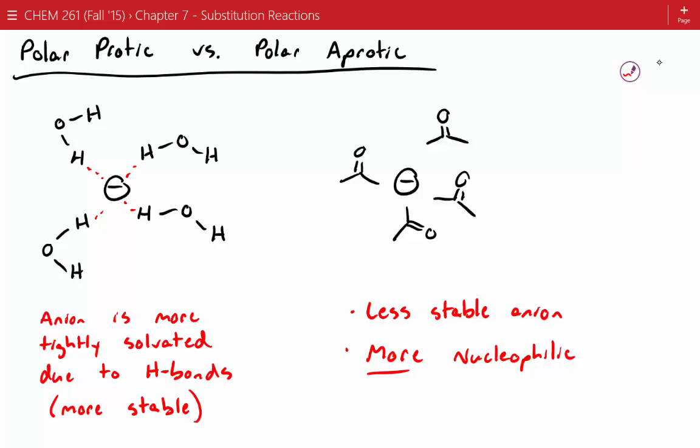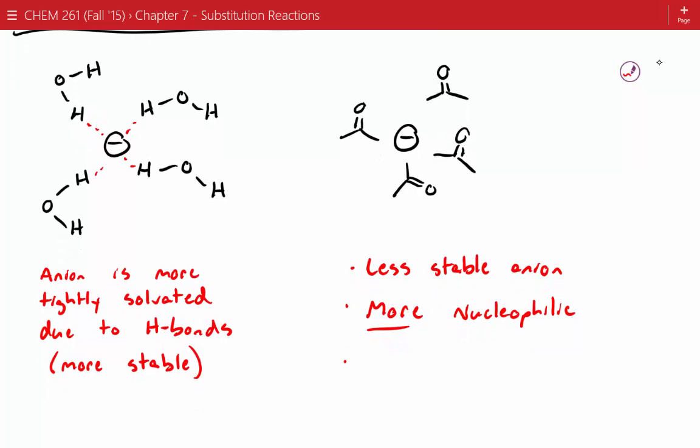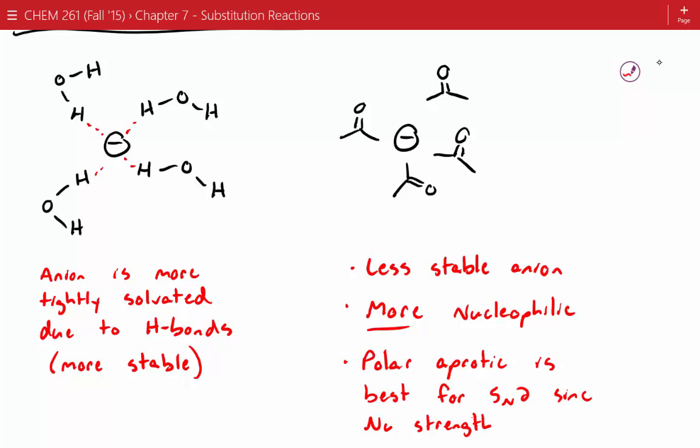So if we think about it, polar aprotic is best for SN2 since Nu strength is important. So now we've got a really valuable tool. If we want to drive an SN2 reaction over an SN1 reaction, we want to choose the appropriate solvent for that reaction to be performed in.